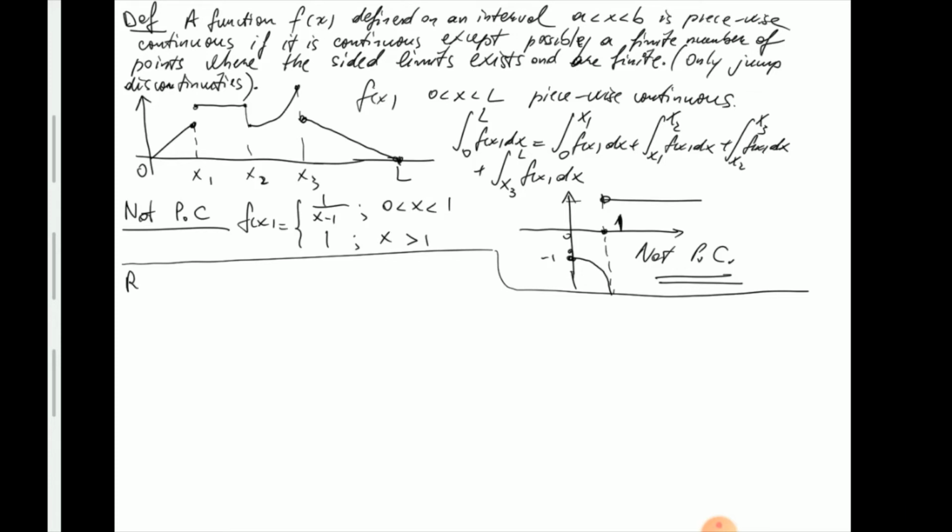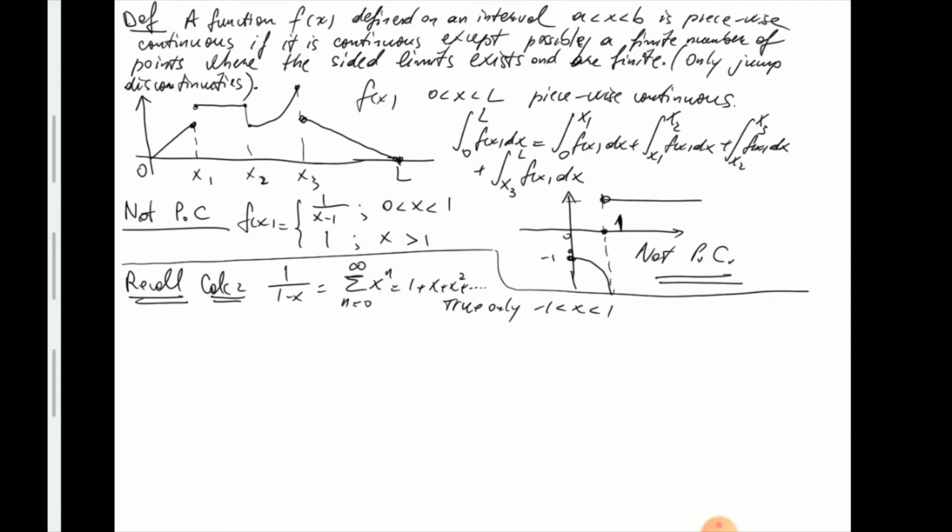Just to recall from calculus 1 and calculus 2, when we say that 1 over 1 minus x is equal to the summation from 0 to infinity of x to the n, the power series 1 plus x plus x squared plus and so on, this is true only if x is between minus 1 and 1.